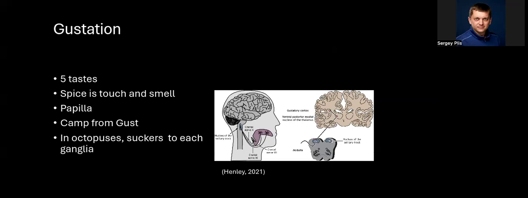Typically, the pathway that we discussed last semester is the gustatory G protein pathway. Once the taste bud is activated, depending on the receptor, the G protein is activated. It goes through cranial nerves 7, 9, and 10, and then travels to the medulla, the part of the brain, not my cat.